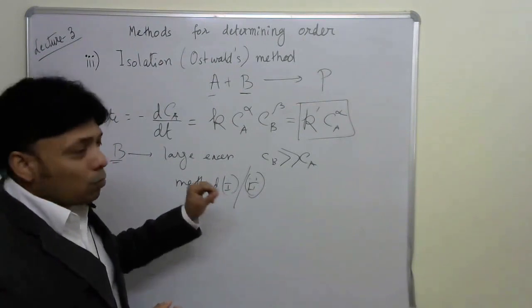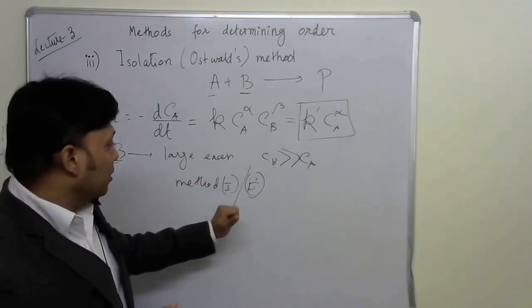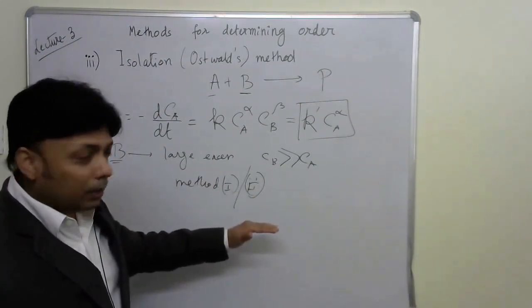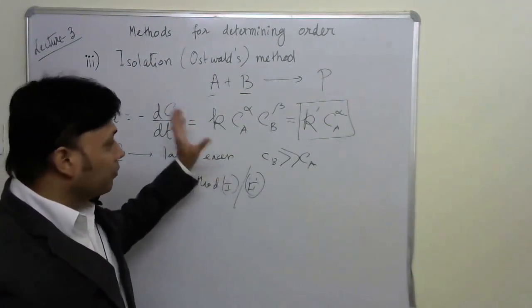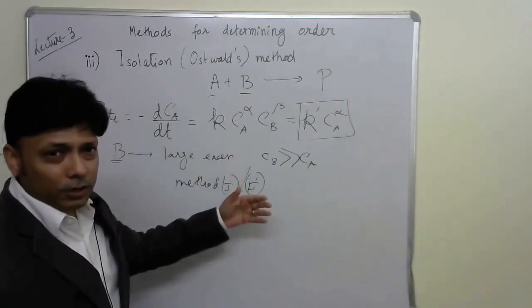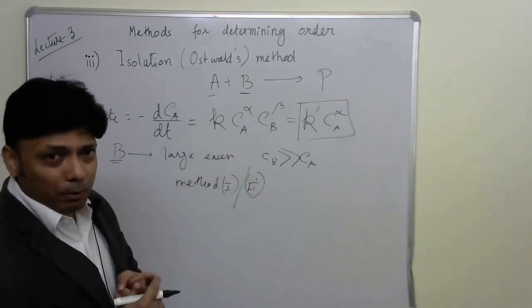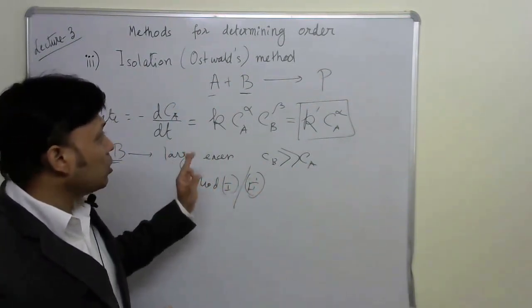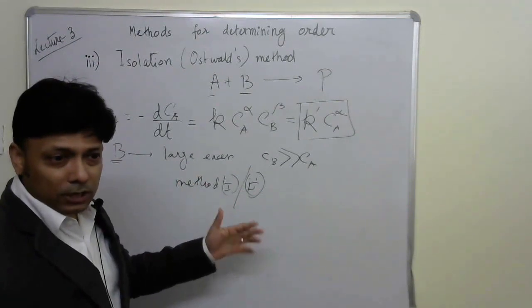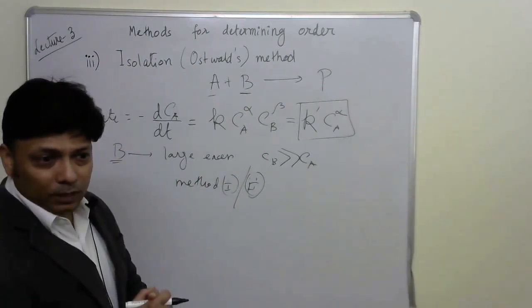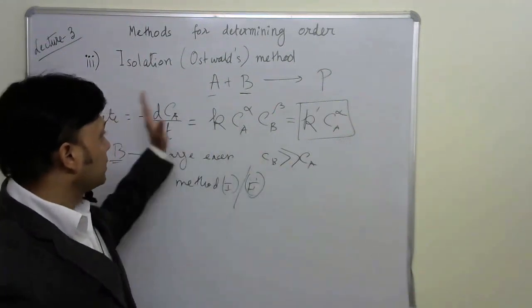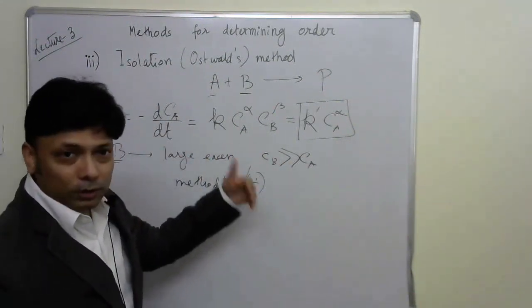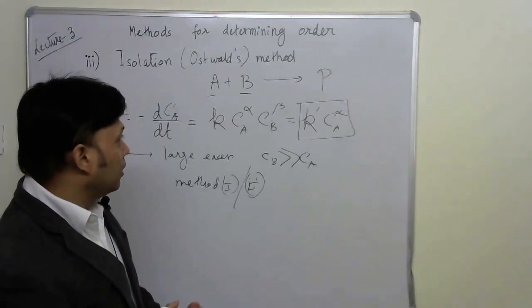But there is one thing we should be cautious about: while taking one of the reactants at a very large concentration, 2 things we should remember. It should not alter the mechanism of the reaction, and it should not affect the outcome or the product of the reaction.